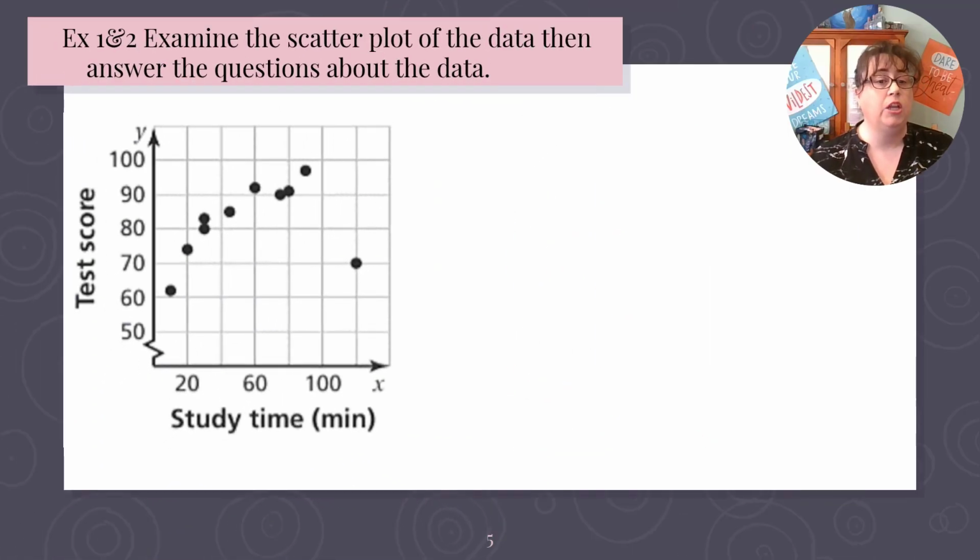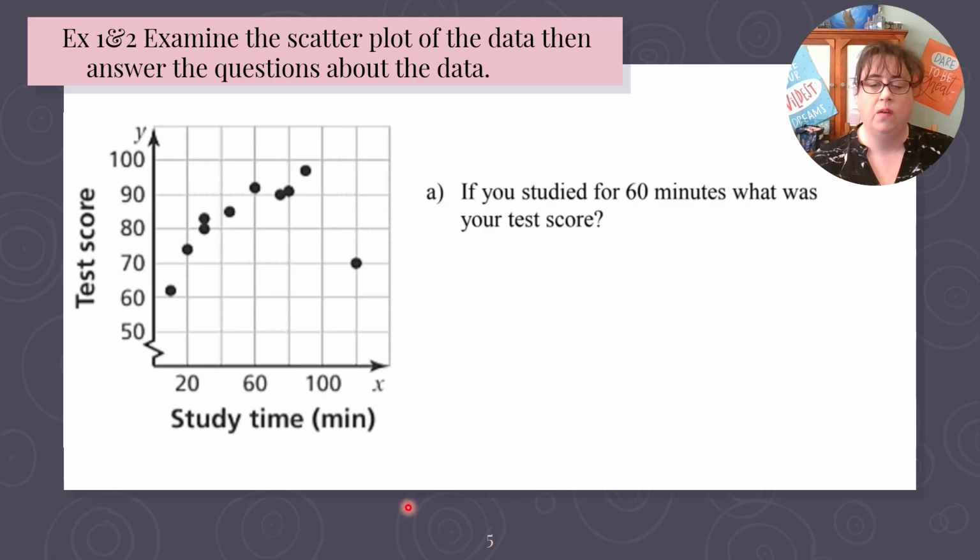So let's go ahead and look at a scatter plot. We're going to examine this scatter plot of data and then answer some questions about it. This one happens to be comparing study time, so how much you studied in minutes, compared to what your test score was. So for example, if you studied around 20 minutes, you got a score of like 75-ish. If you studied for 60 minutes, what was your test score?